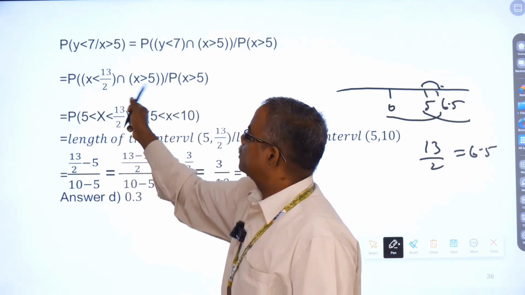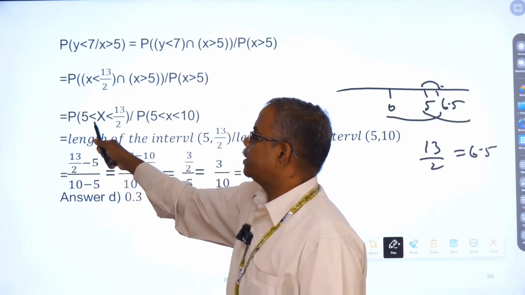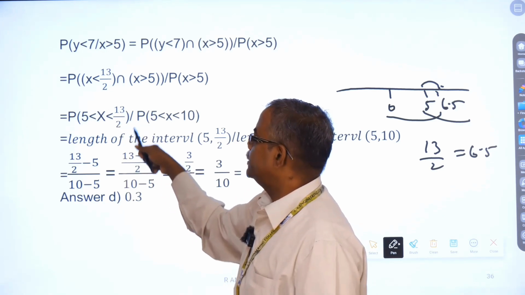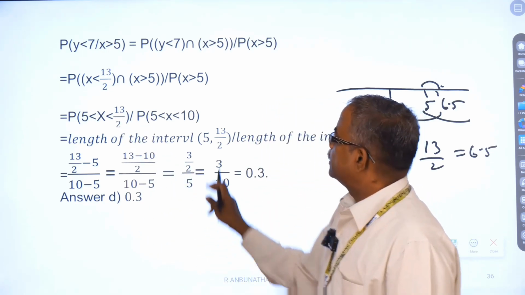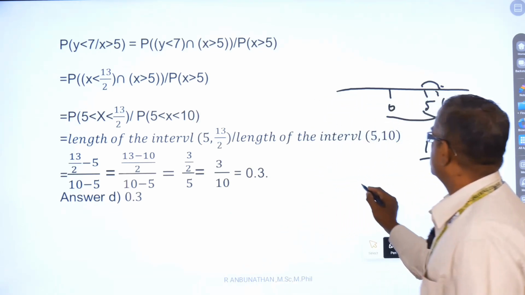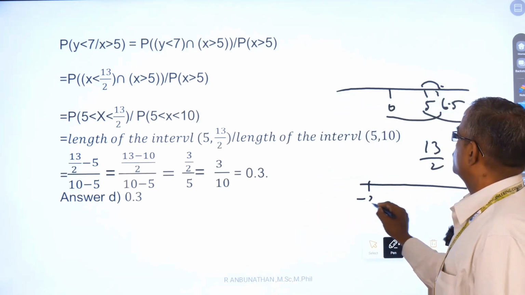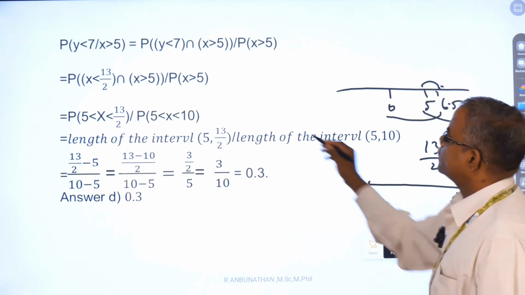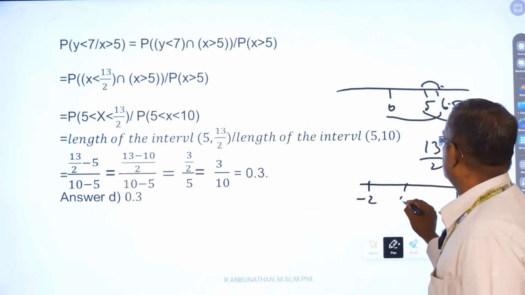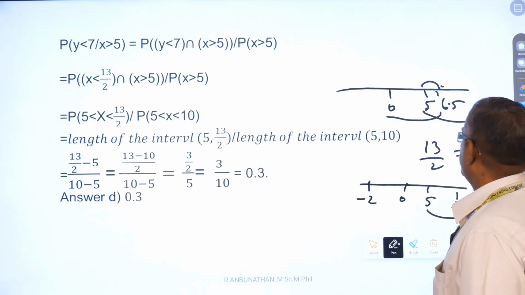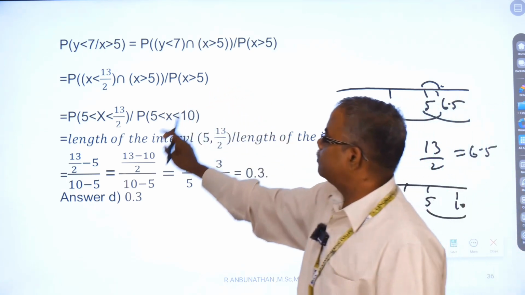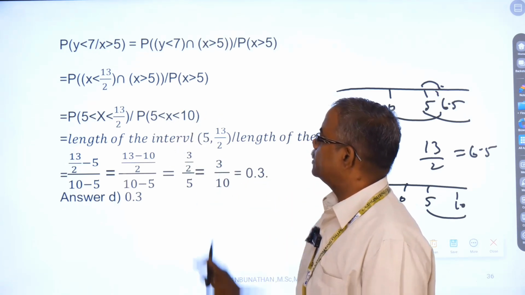The probability of this is the common area between these two, that is 5 less than or equal to x less than 6.5, divided by the probability of x greater than 5. The entire function is defined from minus 2 to 10, but here only above 5 is required, so the interval for the denominator is between 5 and 10.